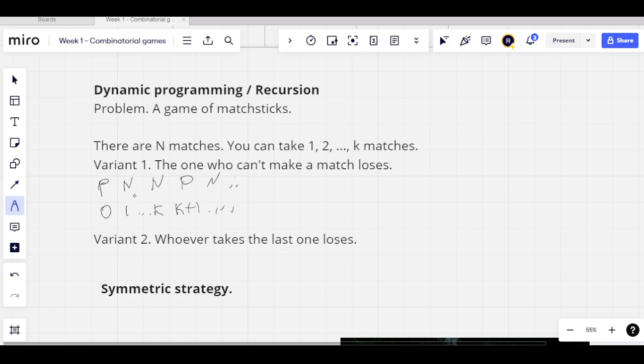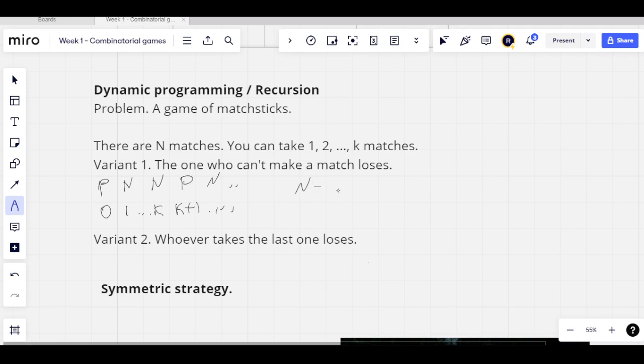In this case, whatever number of matches we take, all moves lead to N, in negative situations and positive situations, by the way.